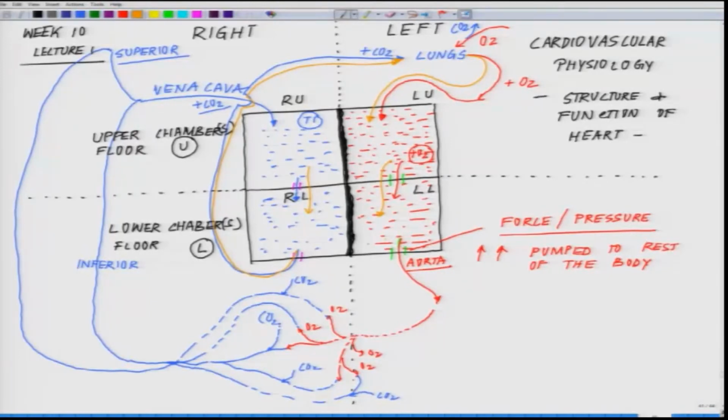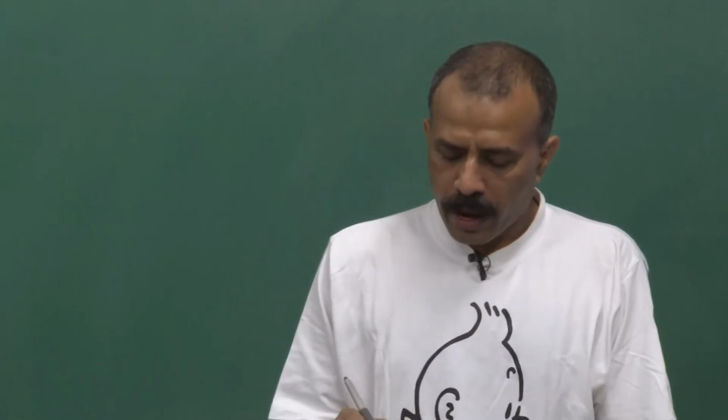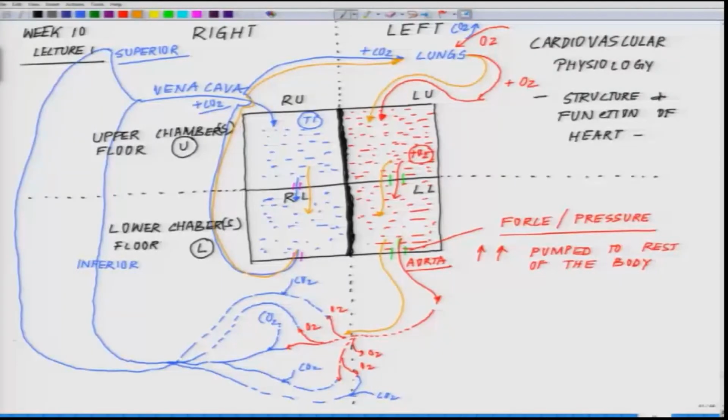From the left lower chamber it is pumped all over the body and at different destinations, superior, inferior, whichever places it goes, it gives the oxygen to all those tissues and picks up the carbon dioxide liberated by those tissues during metabolism. And then again the carbon dioxide rich blood is brought back to the heart, again to the upper chamber, it moves to the lower chamber and again pumped to the lungs for purification.